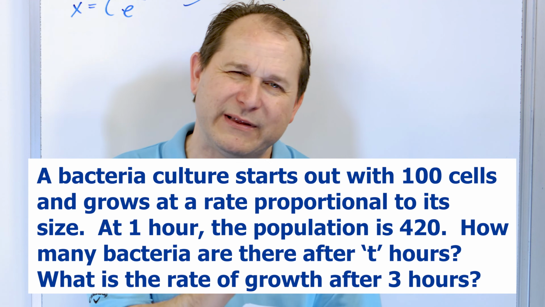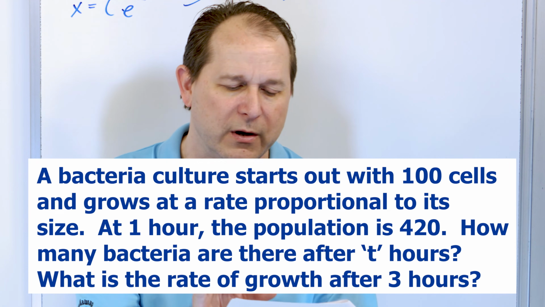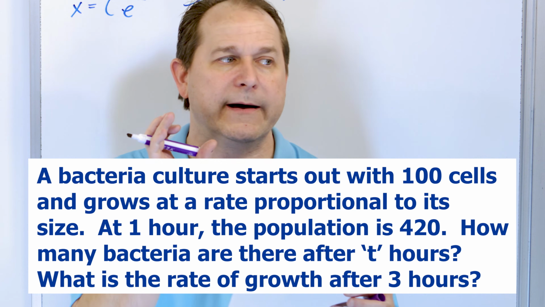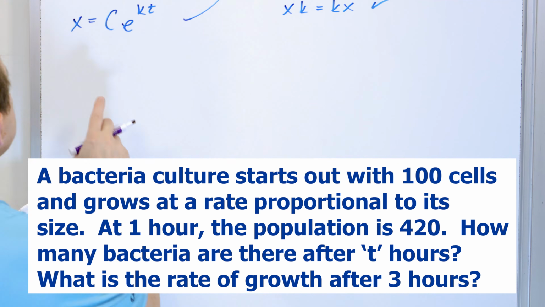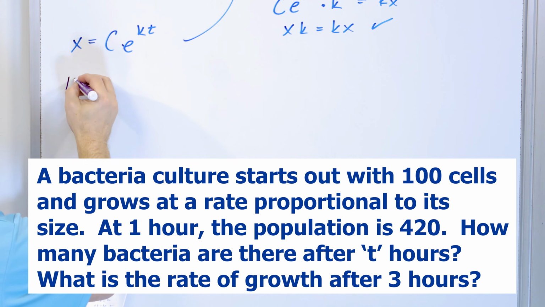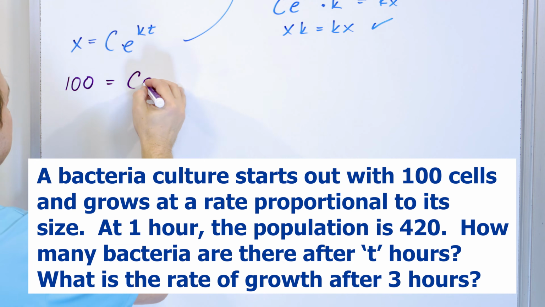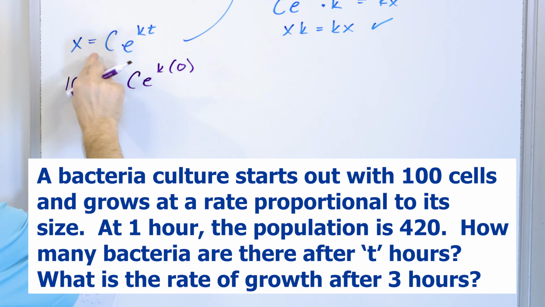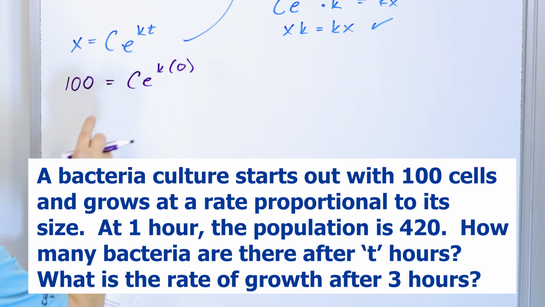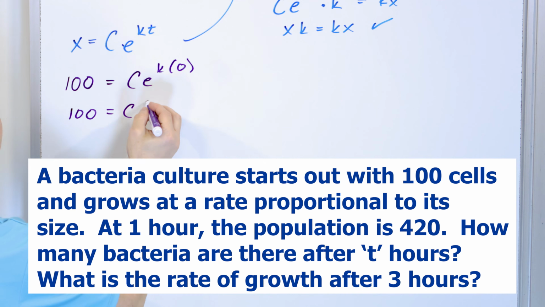It implicitly tells us that at time 0, it starts out with a population size of 100. If we put time 0 into this equation, we should get a population of 100 out. But anything to the 0 power is 1. So what we have is c times 1.